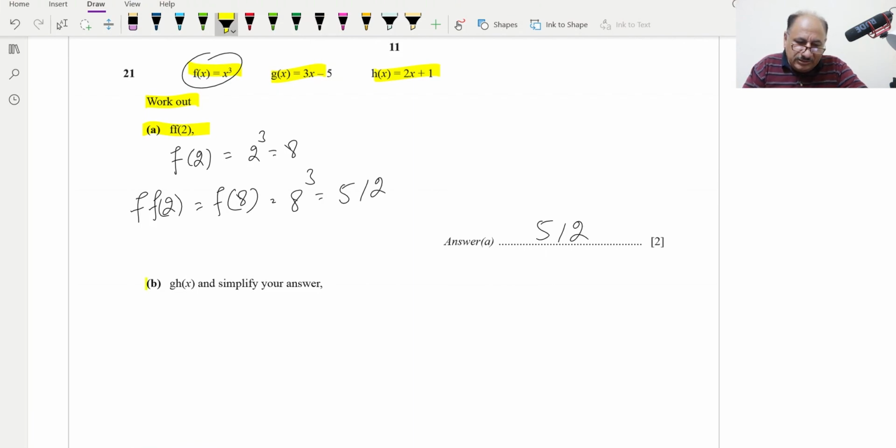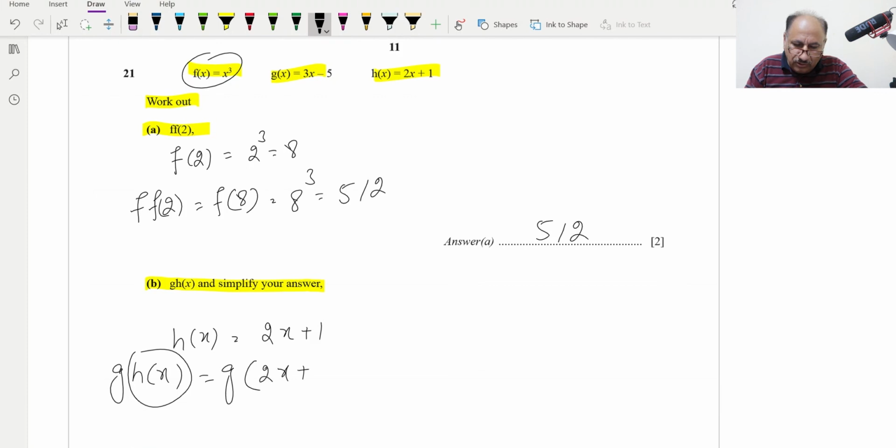Now B part, g h of x, and simplify your answer. So first we will find h of x, which is provided h of x is equal to 2x plus 1. Now g of h of x, we will replace this h of x value and we will write here 2x plus 1, and we can replace in g of x.